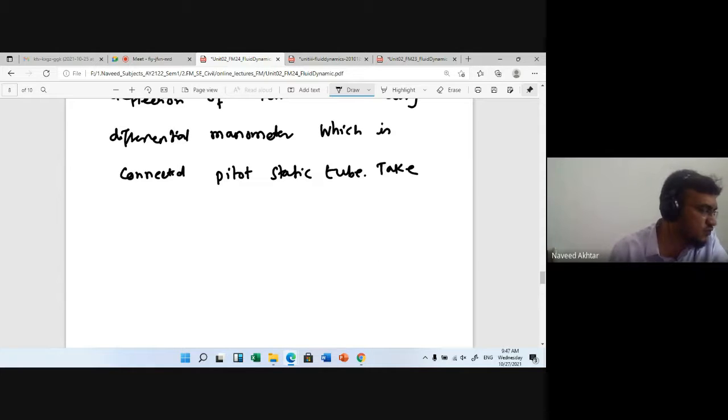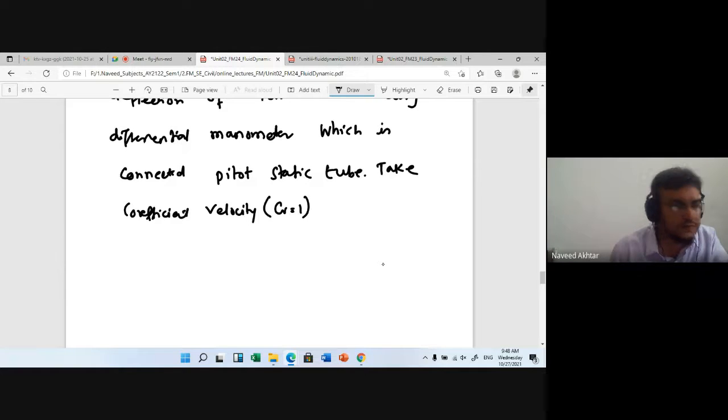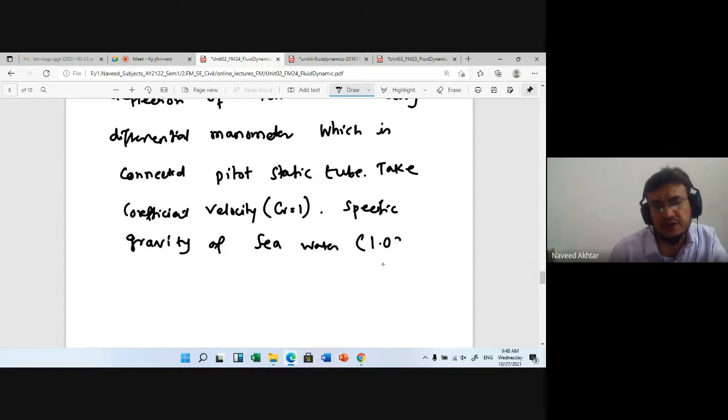Take the coefficient of velocity equal to 1, and the specific gravity of seawater, which is given as 1.03.